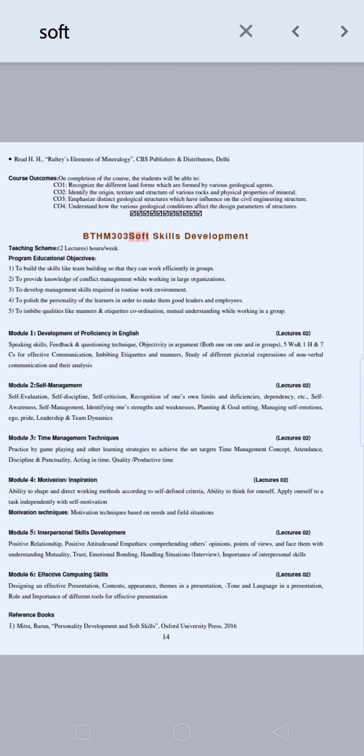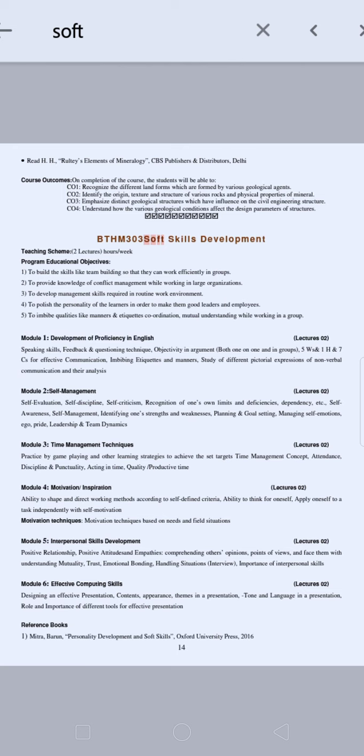So it is not possible to cover these things within only two lectures. We will cover these points. We have much scope to know these contents and use them in our future career.